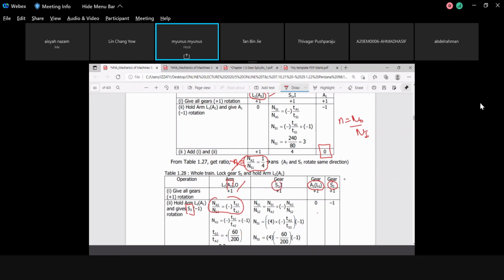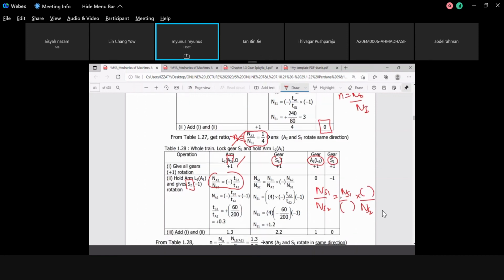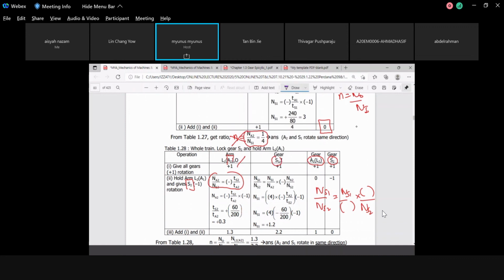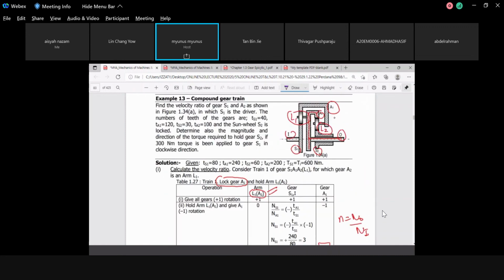Look at NS1 by NS2, which is equal to, remember, NS1 over unknown NS2. NS2 is always a good friend of Na2. How do you know? You have to go back to the figure: A2 here and S2 are one plane, one train.